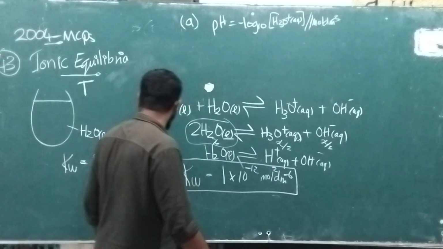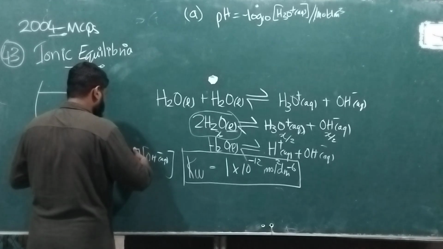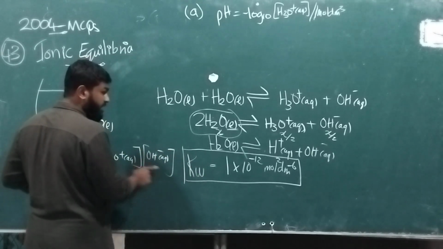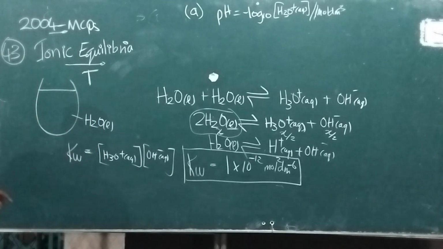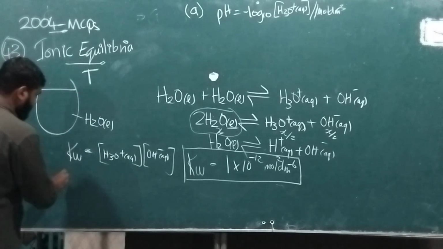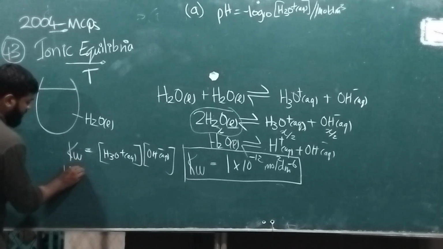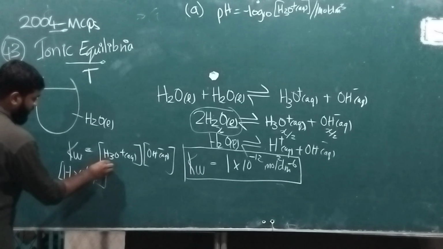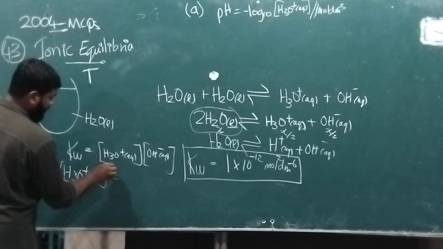I will write the concentration of OH minus with respect to H3O plus aqueous, and you will get H3O plus the whole thing squared.